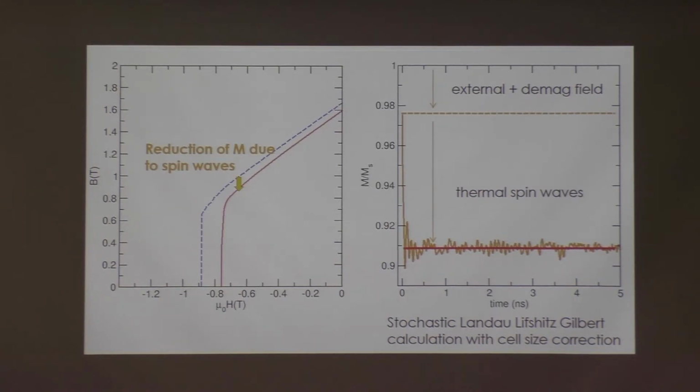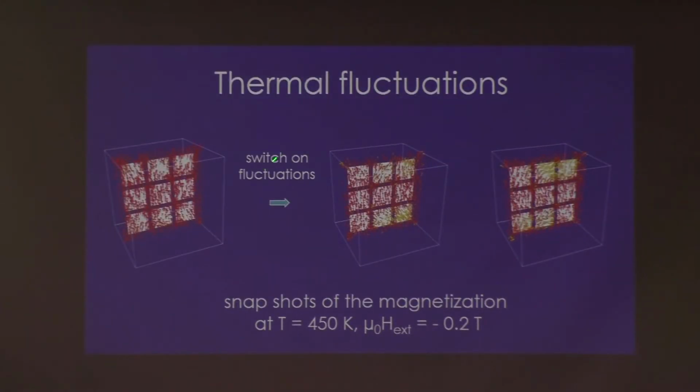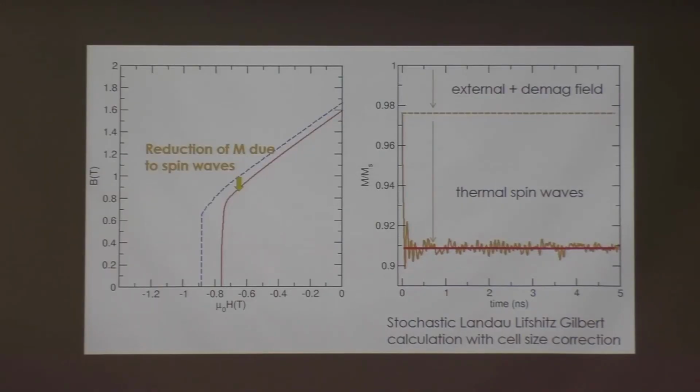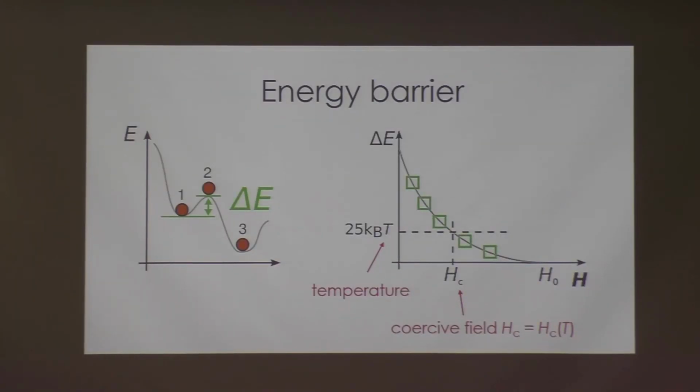So with this Landau-Lifshitz approach, we can calculate this red curve until the point here, but we cannot compute the reversal step here, because this reversal happens over much larger time scales than nanoseconds. So in order to compute this reduction of the coercive field, we have to use a different approach.